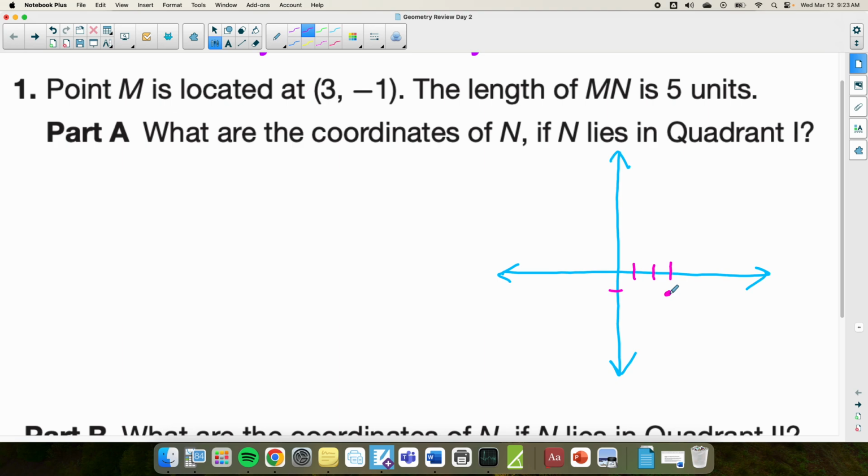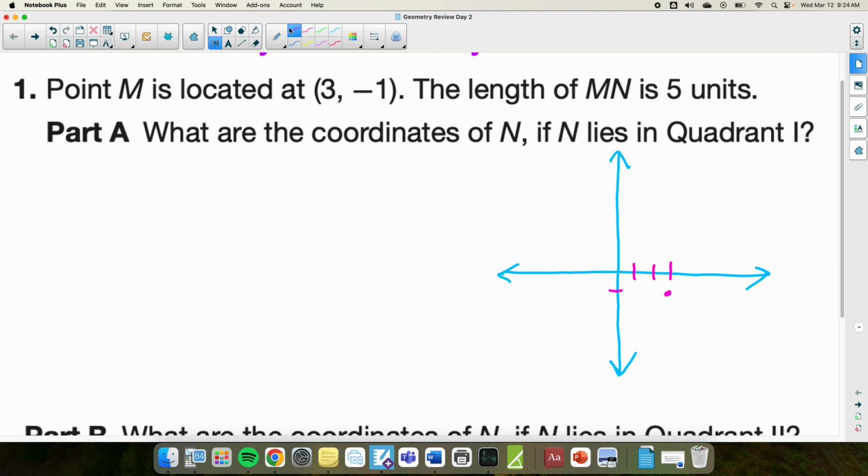So your point is here, and they're asking us, where else could that point be moved to and be 5 units away? Do you guys get that it could move left 5 units? It could move right 5 units? It could move up 5 units or down 5 units, okay? So you have to take all of those into account.